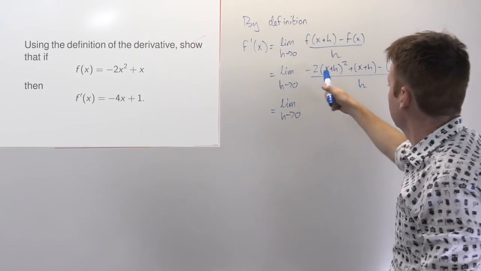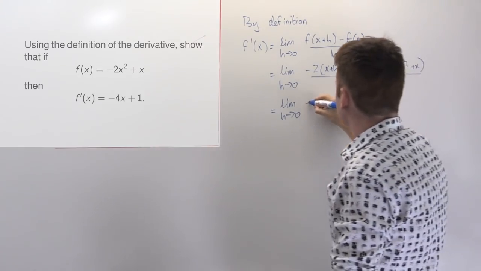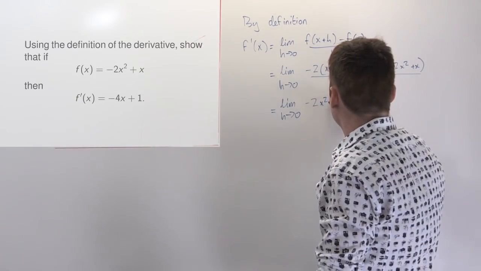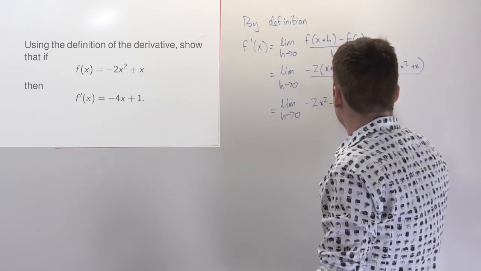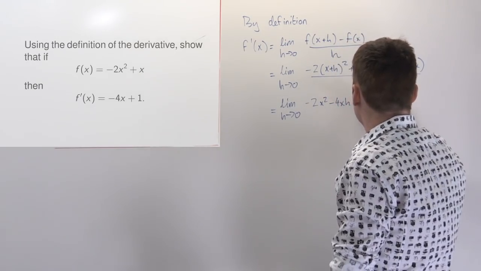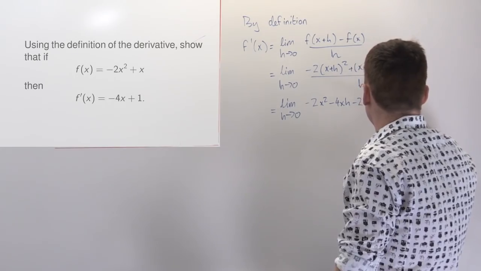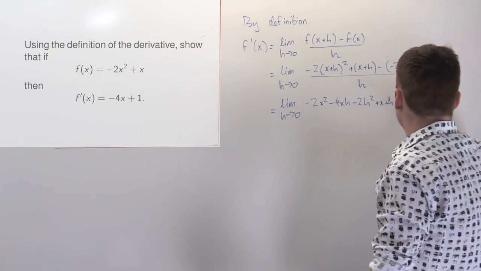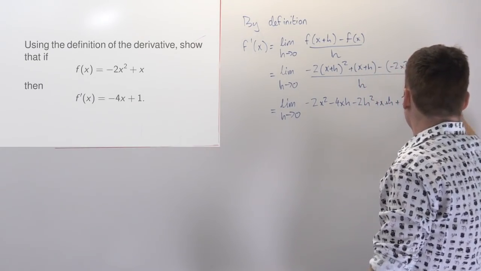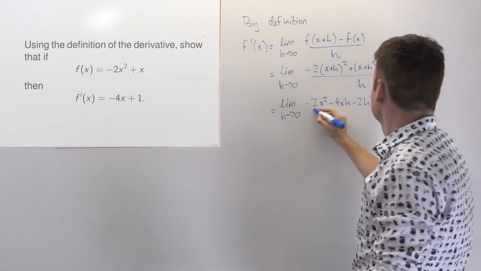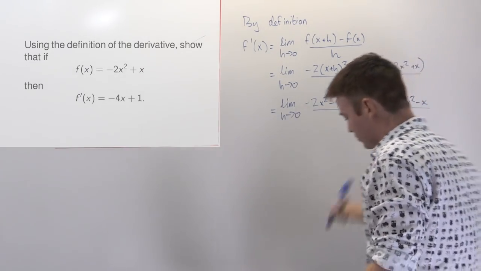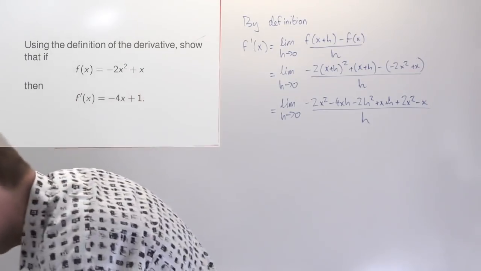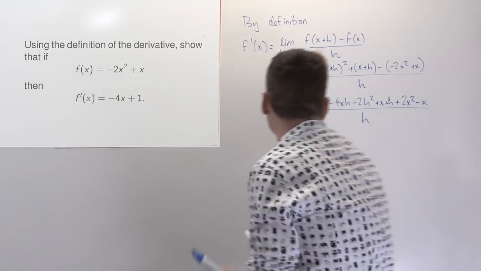So what happens here? I can expand this one out. It becomes -2. And I get some lovely cancelling.